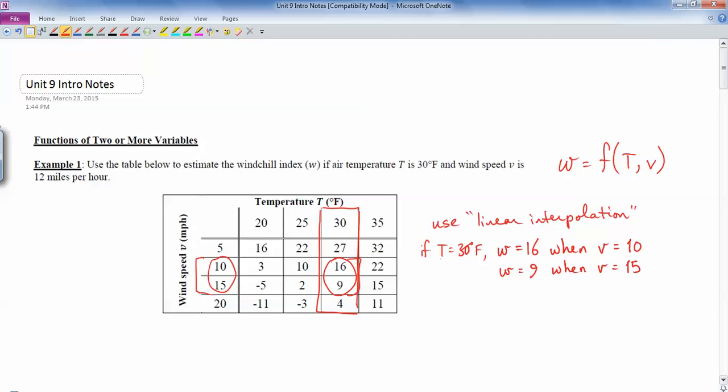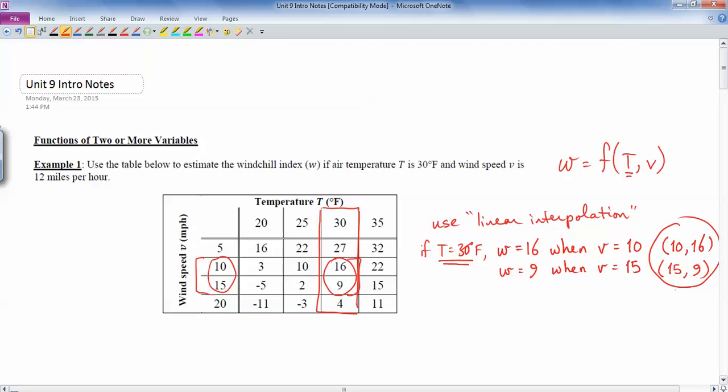So really what's happening here is we're eliminating one of these variables. We're forcing T into a constant. So then these represent two data points. When V is 10, W is 16. When V is 15, W is 9. So we can actually use these two data points to come up with a linear model for how V and W are related when T is 30 degrees.